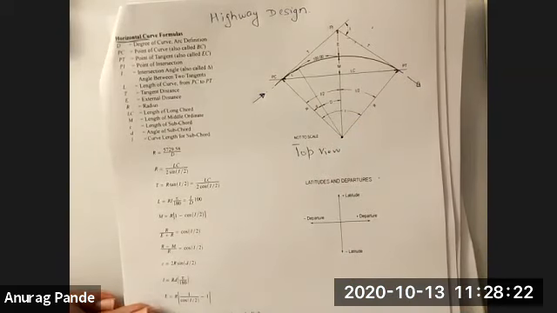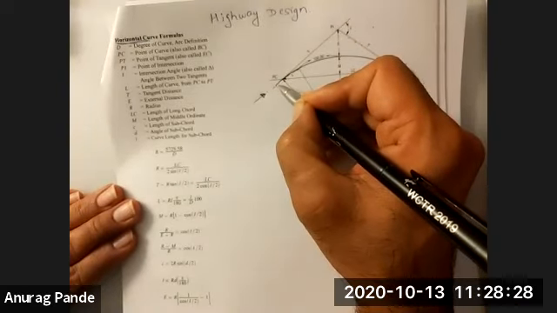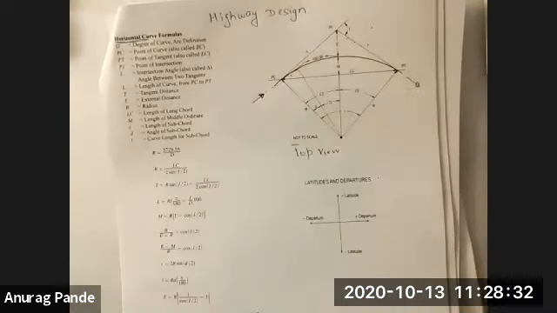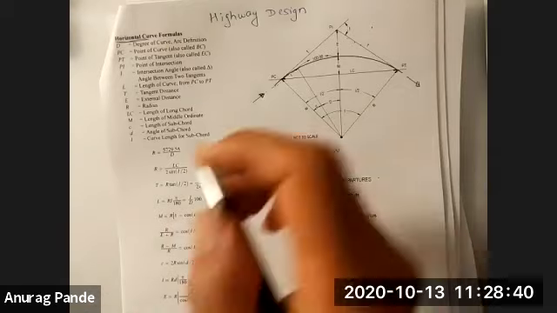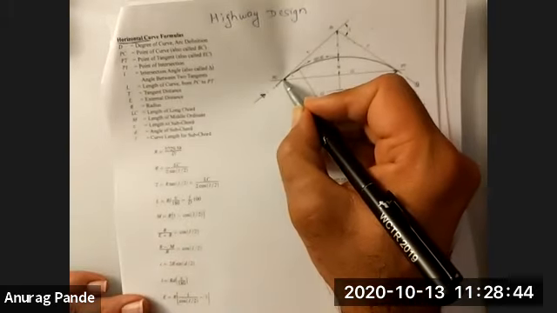Now, there is a concept of design that's beyond the purview, that sometimes you might have to provide transition between a straight line and the curve, but we are not going to talk about that here because that's beyond the scope of this design. That may be applicable for the professional engineering licensing exam, but not here. So we're going to stick with the fact that you don't provide any transition.